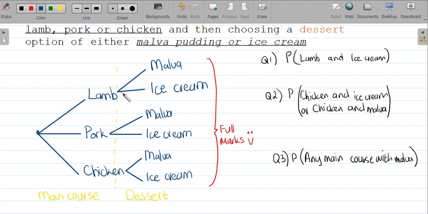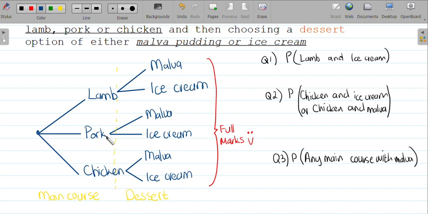Then directly after the main course, we will draw as many lines as there are possibilities for a dessert. How many possibilities are there for dessert? There's two: one is malva pudding and the other is ice cream. So it's going to be two lines, one for malva pudding and one for ice cream.